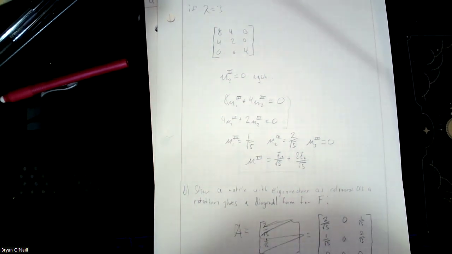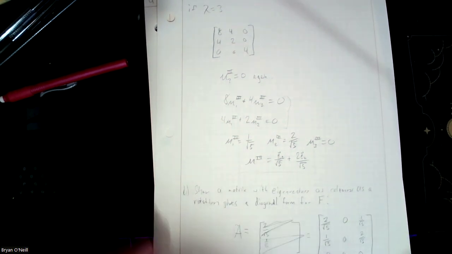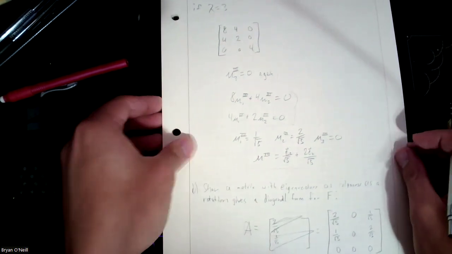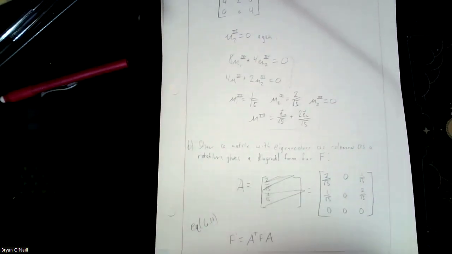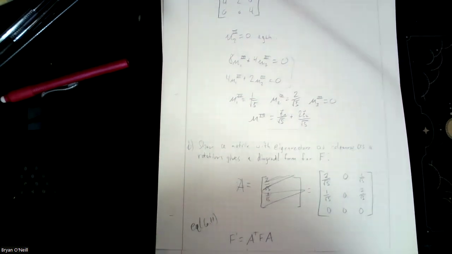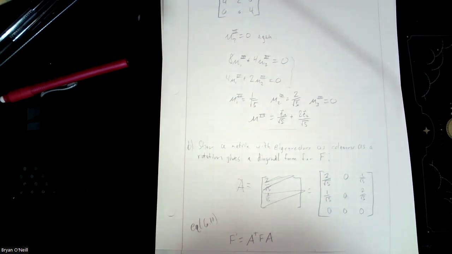As for part B, I'm not sure if I did this quite right, but I gave it a good shot. We want to create a new matrix A. I chose A because A is always rotation. For this matrix, we want to put the eigenvectors as columns and use it for rotation, going from F to F prime.